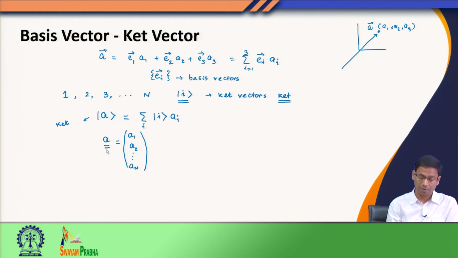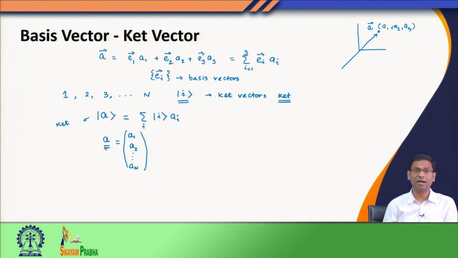So, you see, when I define this A as a column vector where each element is A1, A2, An, this is similar to what I am expressing as a linear combination of these ket vectors i. So, this simply says A1 is the amplitude along the first dimension and so on and so forth.